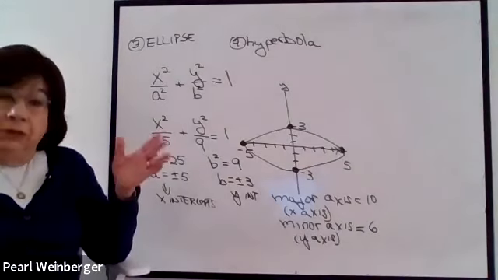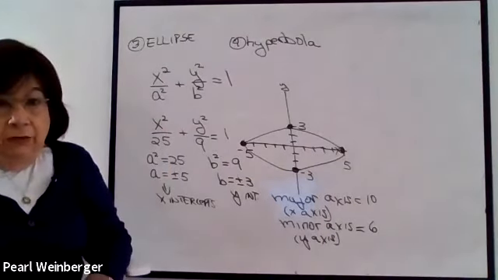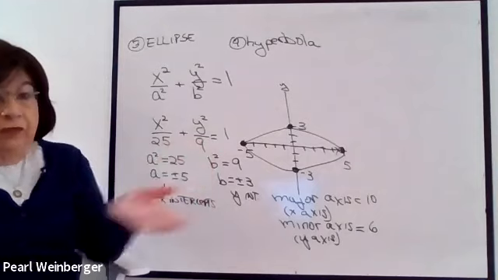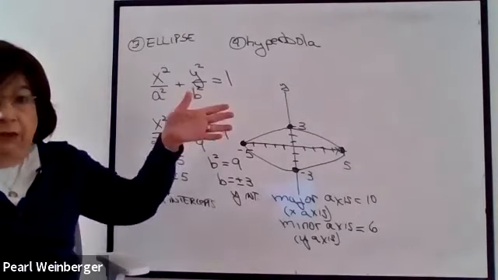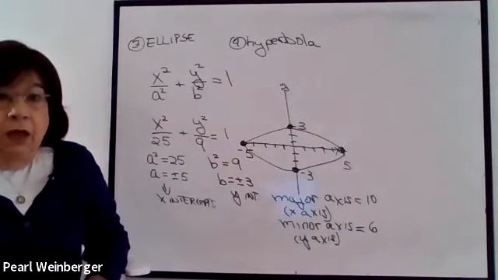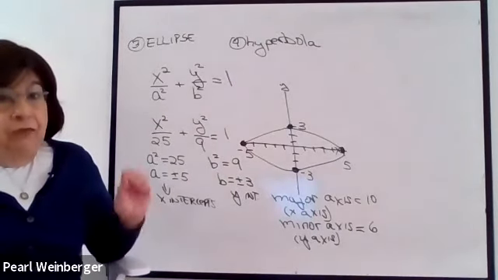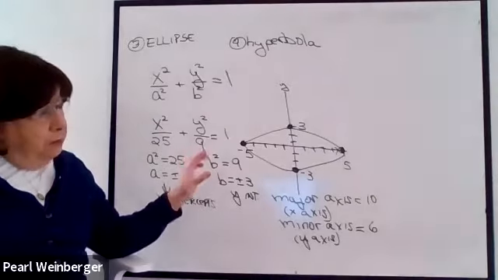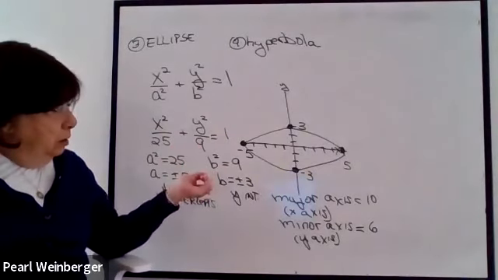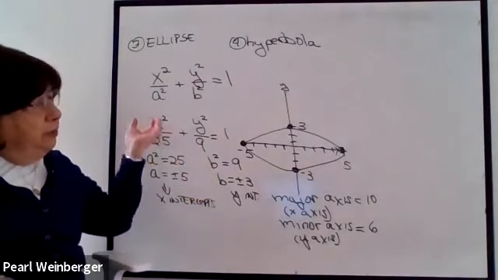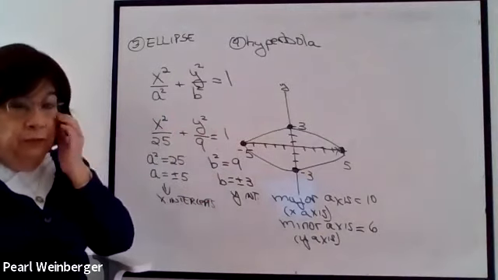Again, an ellipse is a flattened out circle. Sometimes it's flattened horizontally, sometimes it's flattened vertically. You should be able to go from a picture of the ellipse to the equation, and from the equation to the graph.